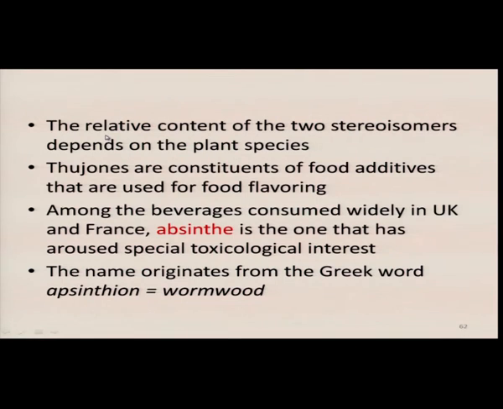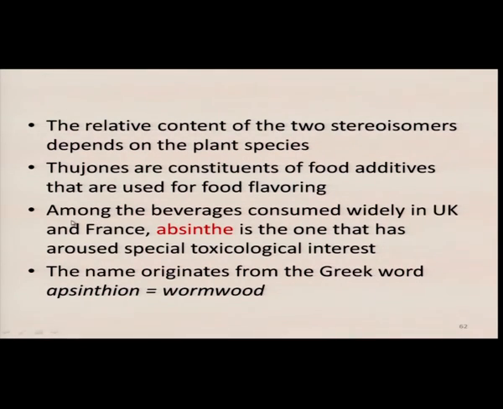The relative content of these two stereoisomers depends upon the plant species used for the preparation of the beverage. Thujones are constituents of food additives that are also used as food flavors.